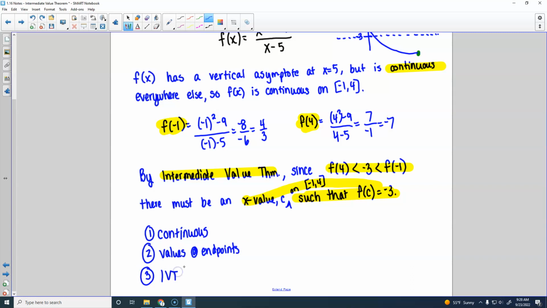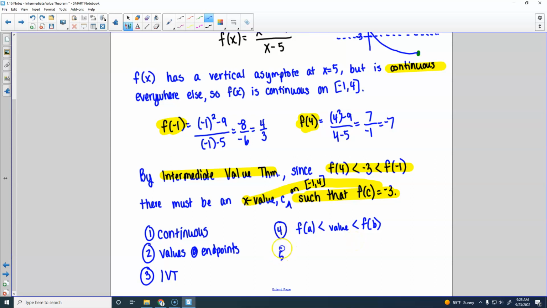Intermediate value theorem, IVT, but I prefer you to write it out or you'll forget what it stands for. Then you have to say f of a less than value less than f of b. I'm just generalizing there.